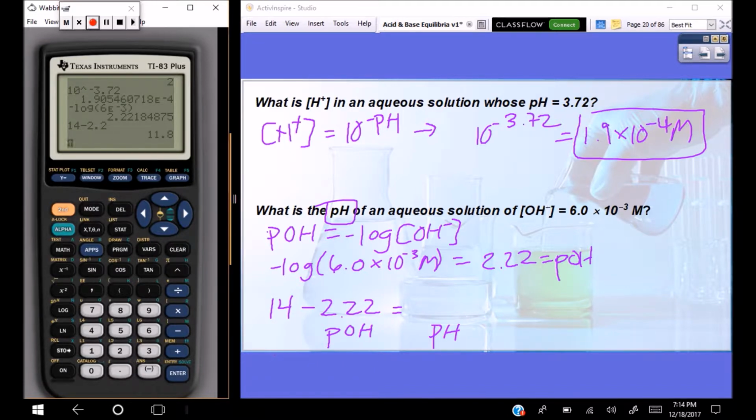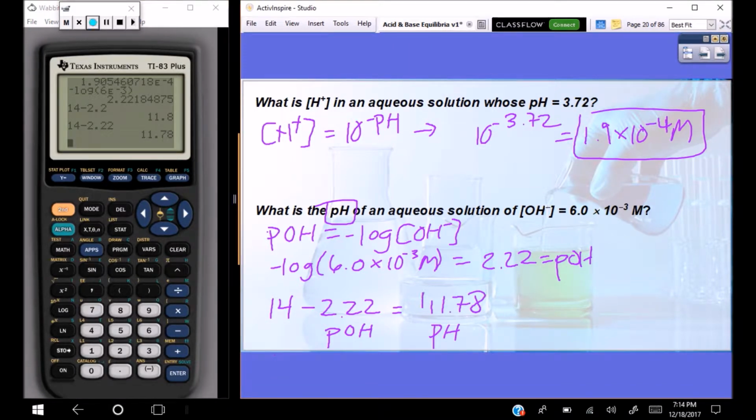And my pH is going to be 11.78. All right. Is this a basic solution or an acidic solution? Or is it neutral? It's a basic solution. It's over a pH of 7.